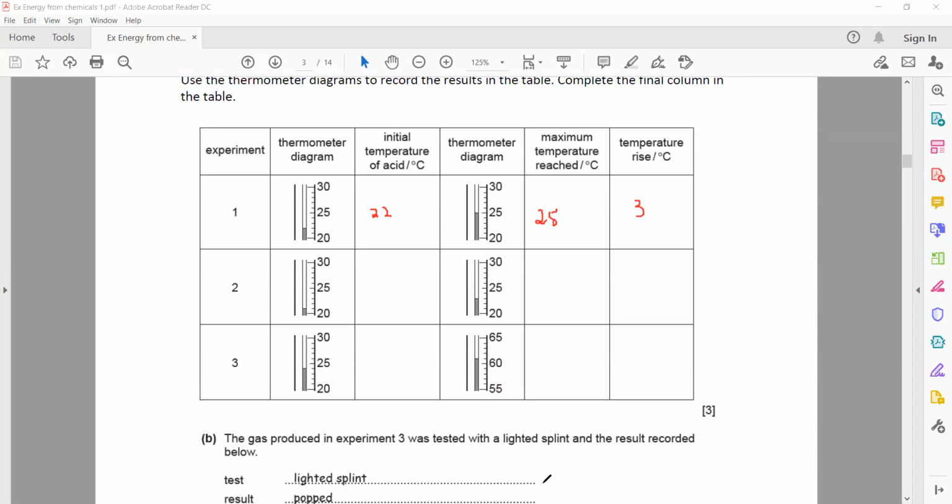Same thing, you work out the temperature changes, and using these temperature changes you have to sketch a graph and a bar chart.